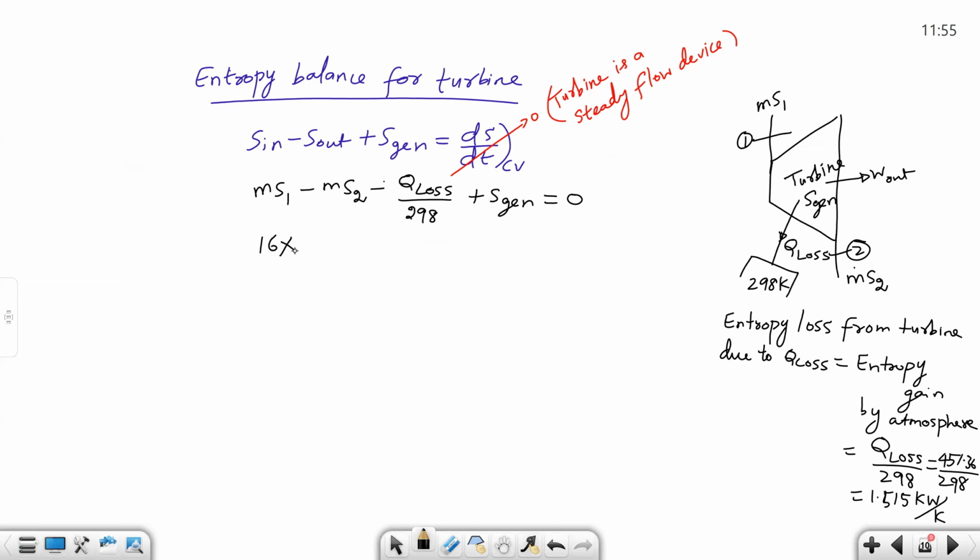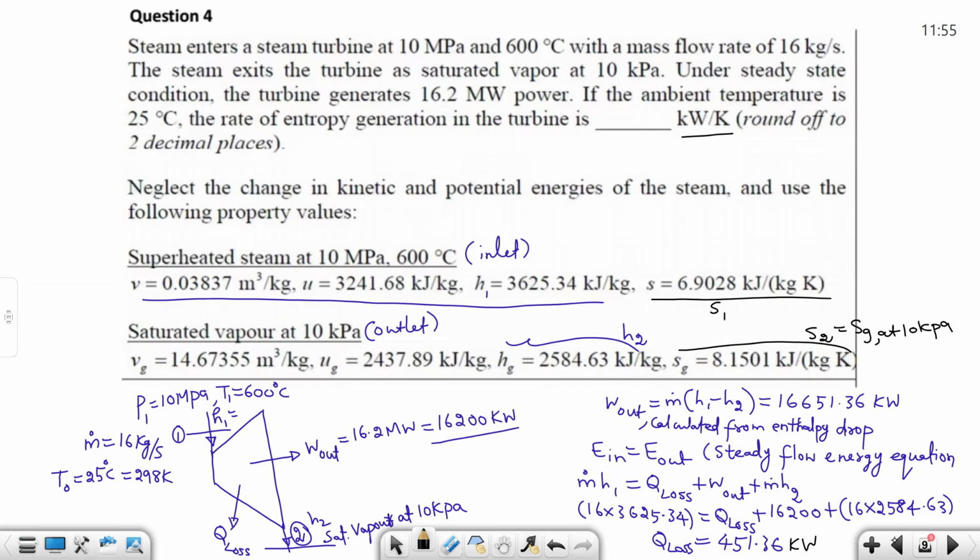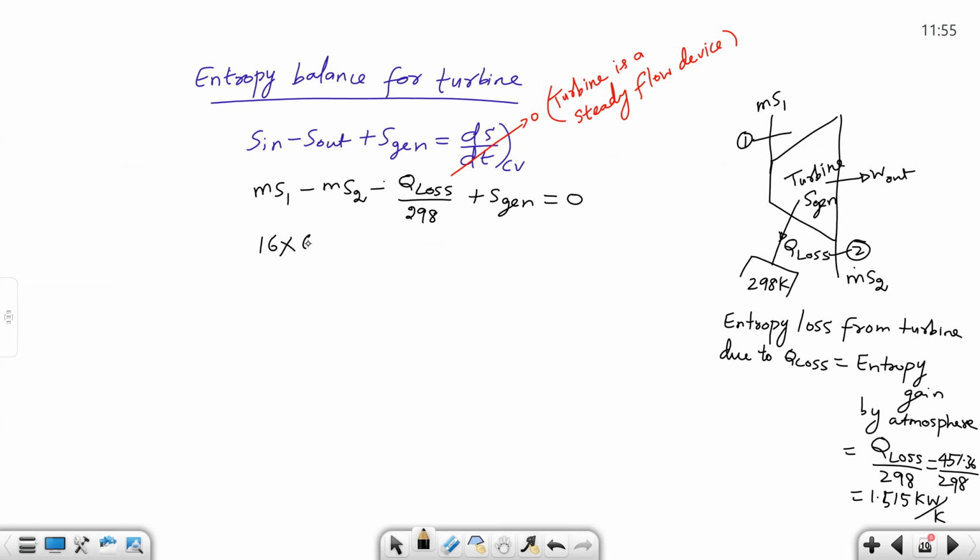M is 16. S1 we just get. S1 will be 6.9028, in kilojoule per kg Kelvin.